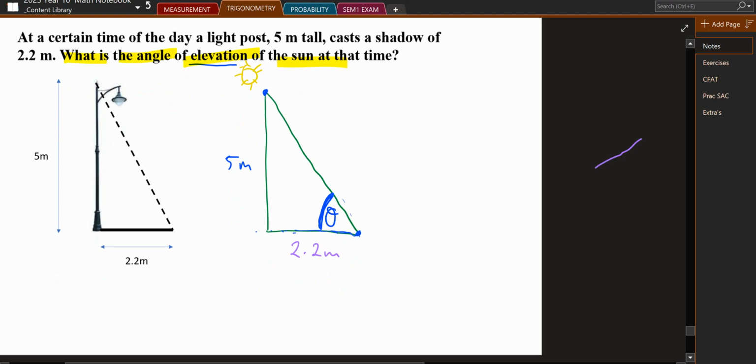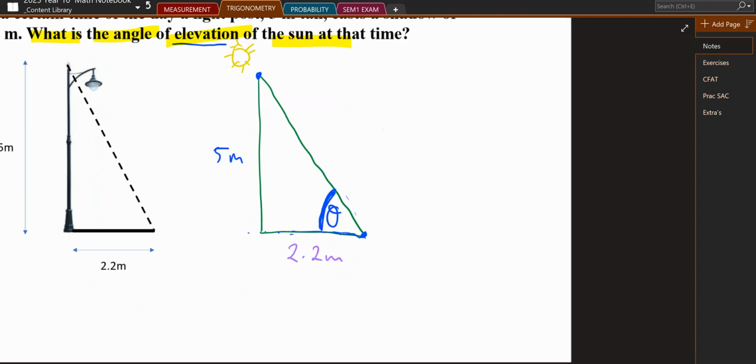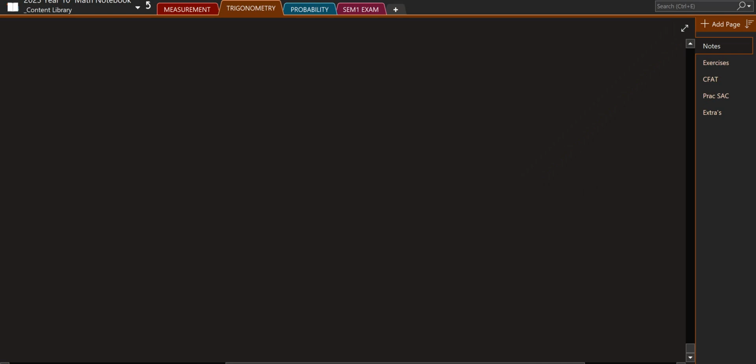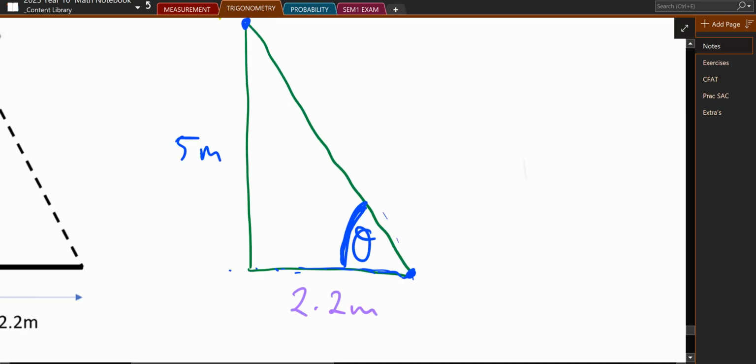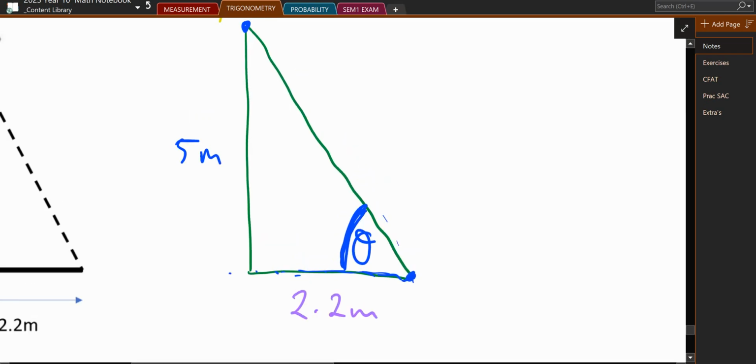What do we need to do? Well, we need to first label the triangle. So if there's my reference angle right there, the side opposite of that is called the opposite. I might write OPP, so we know that's the opposite, not the number 0. And the side next to the angle is the adjacent.